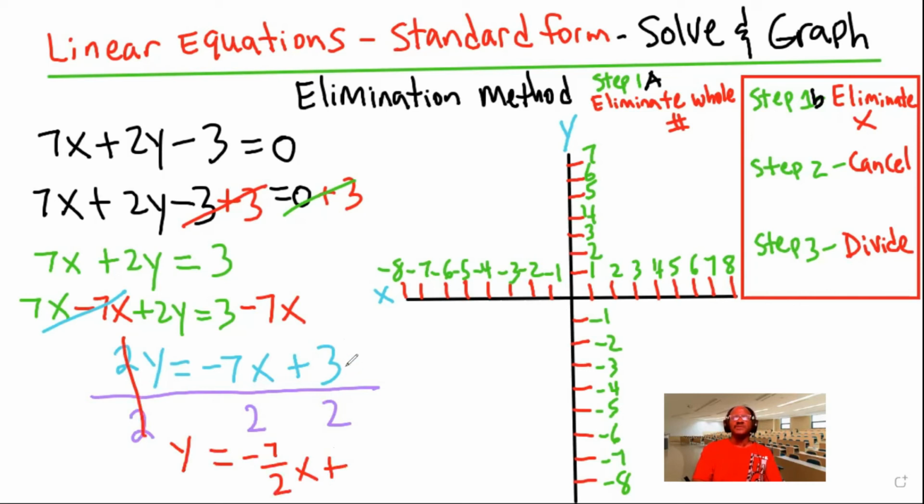Now this 3 halves, when we do our division, is 3 divided by 2. 2 times 1 is 2, and then we have a remainder of 1. So that's 1 1/2, which is the same as what? Yes, 1.5.